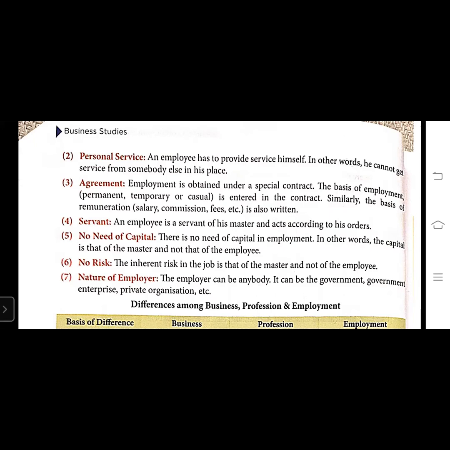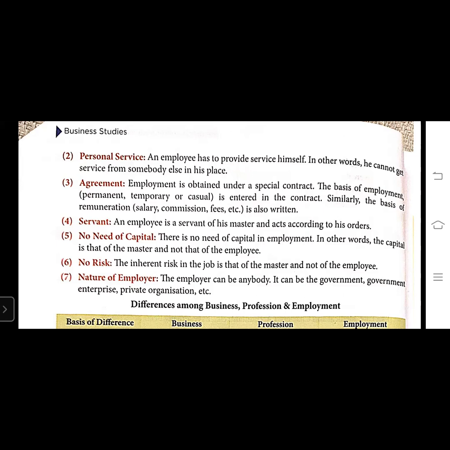And the fifth one is no need of capital. There is no need for any investment from the employee. Capital is provided by the master, not the employee. The employer will invest capital, not the employees. So no risk.